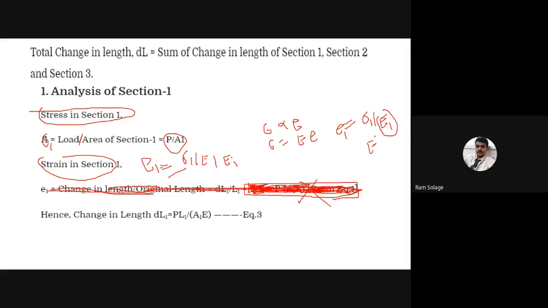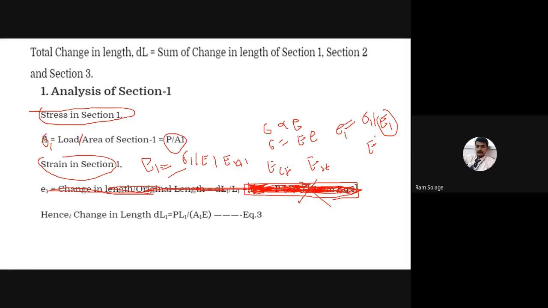E1 means the elasticity constant of material number 1 or section number 1, E2 for section number 2 and E3 for section number 3. Sometimes instead of E1, E2, E3, they write E of Al, E of CI, E of steel, meaning these materials: cast iron, aluminum, steel. E is the property of material. Elasticity is a property of material. It depends upon the material; depending on which type of material we take, the value of E will vary. So this is the strain epsilon 1.